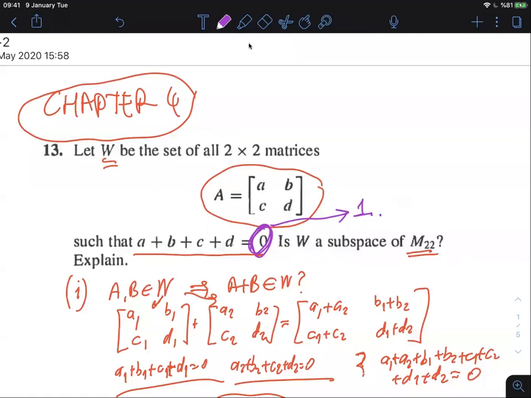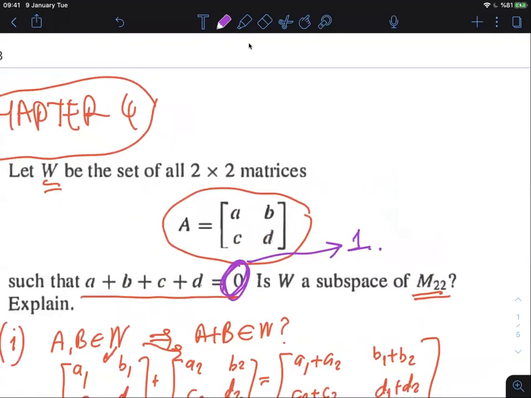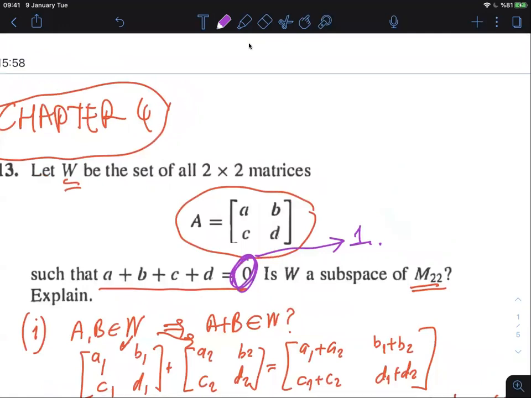No. Enes İbrahim Okuren, Barış Hazar says no. And they are right. So is there a simple reason why it is not a subspace? There's one simple reason. Yes, that's true. There is another reason.